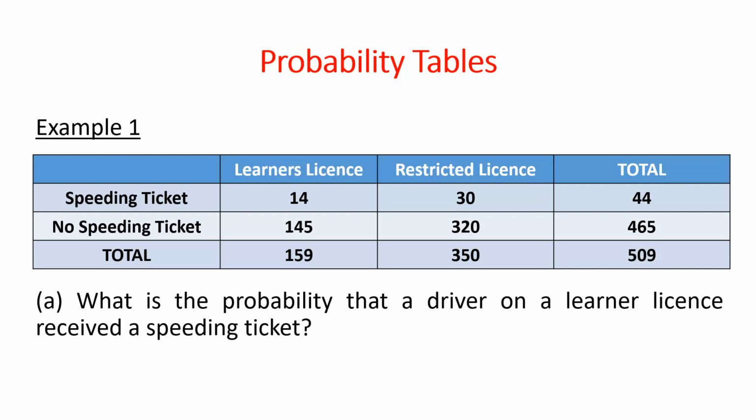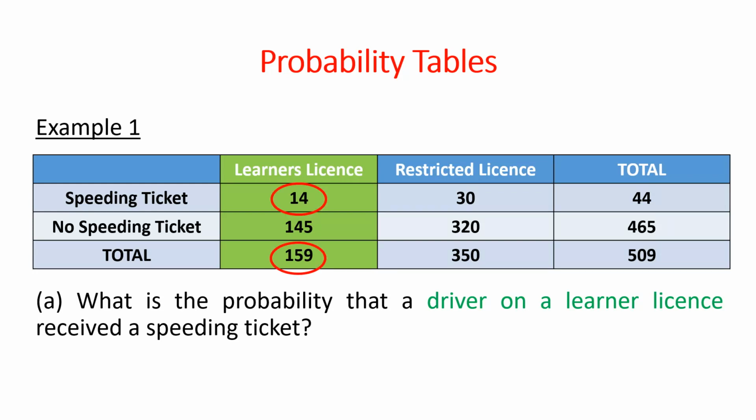So here's our first question. What is the probability that a driver on a learner license received a speeding ticket? Well, we're talking about a driver on a learner license. So this is what we call conditional probability. We're going to look at conditional probability in detail in a later video. But for now, this is what you should have been taught. We're just going to focus in on a certain part of the table, the learner license drivers, and we're going to work out the probability that they received a speeding ticket.